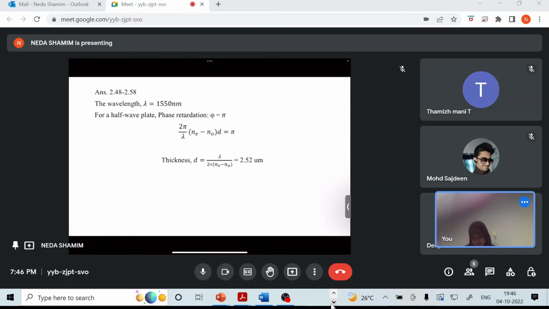Whatever I did, just confirm these values. You know lambda, you know Ne, you know No, so that will be equivalent to this. This much would be the thickness of the plate which will introduce a path difference of how much? A half wave plate introduces a path difference of lambda by 2. That's why it's called a half wave plate.